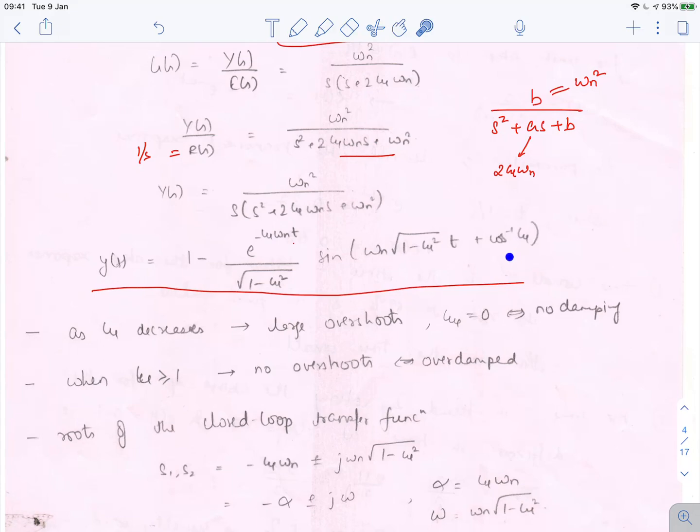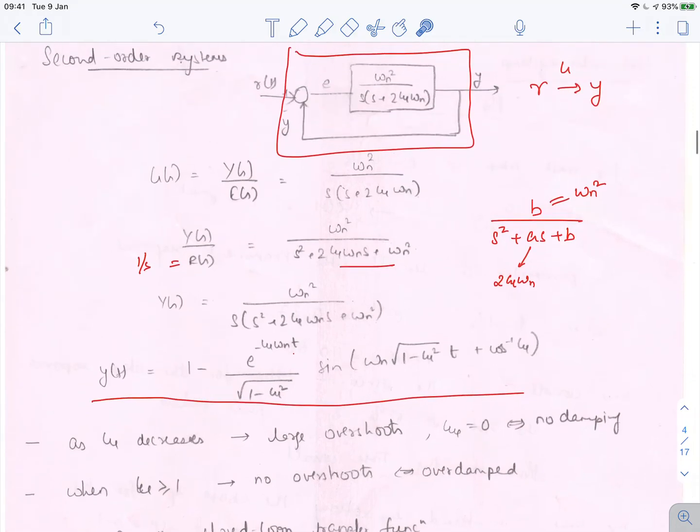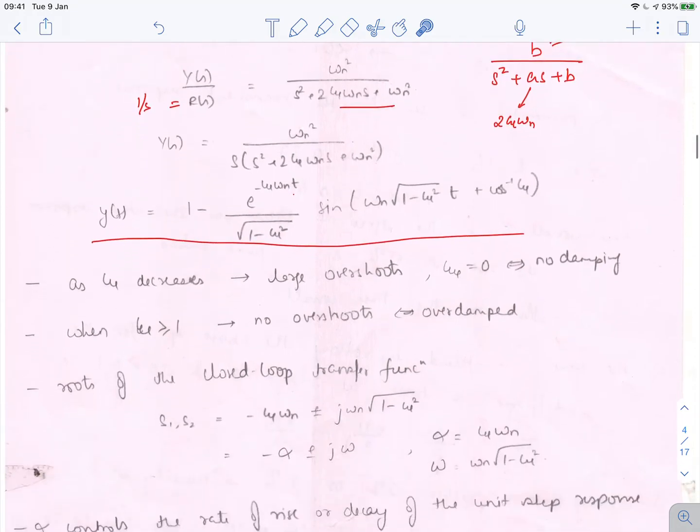So this is the generic solution of the second order system. Now we have introduced these other parameters, xi and omega n, and we will see the significance of xi and omega n separately.